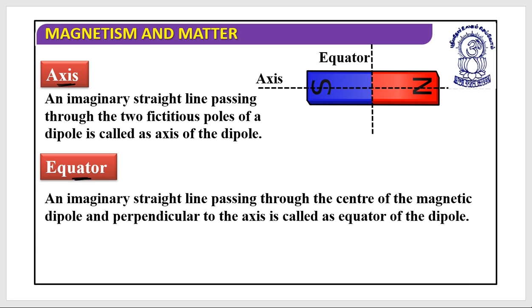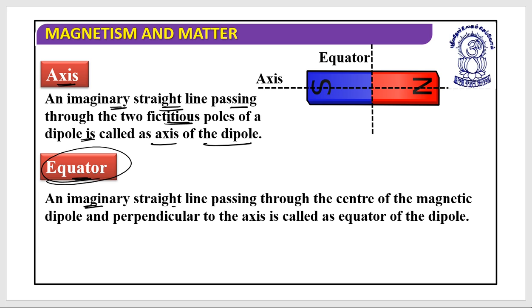Now, axial and equator. When I say axial or axis, it is an imaginary straight line passing through the two fictitious poles of a dipole; that we call the axis of the dipole. Now let's look at the equator.